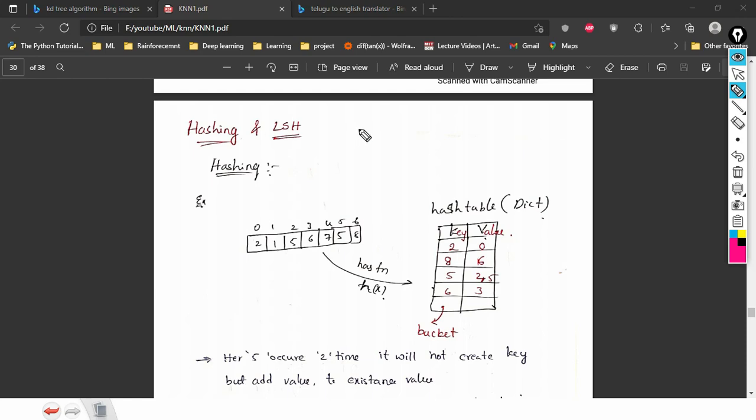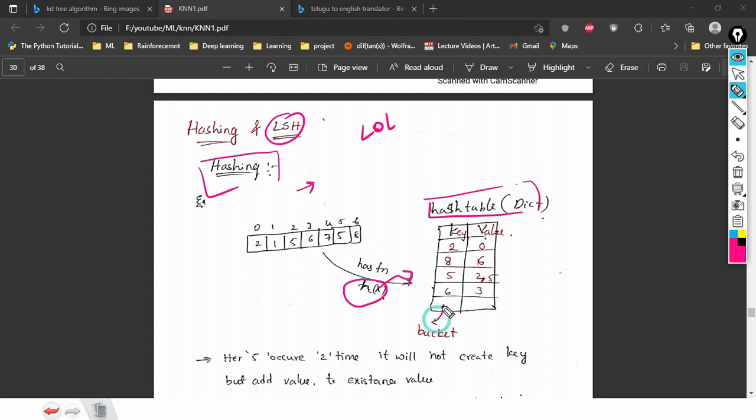another technique to avoid the time complexity in KNN is the locality sensitive hashing mechanism. Here we use the hashing mechanism. You know how we use a hash function. According to the hash function, we will have a hash table like a dictionary.